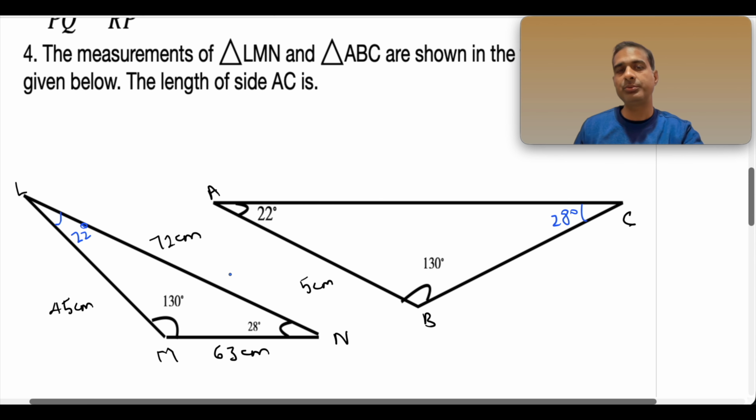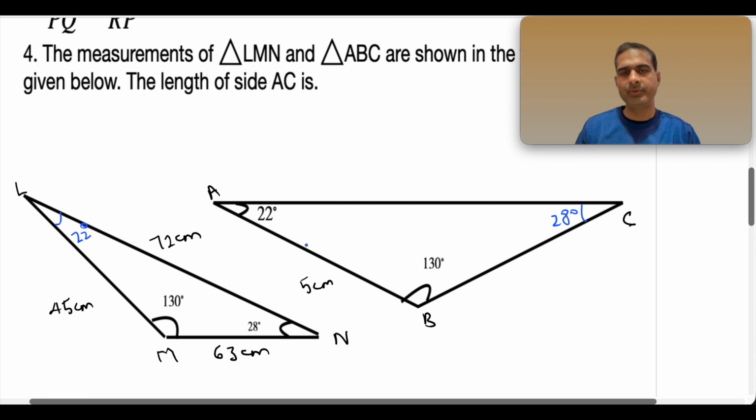But in what proportion? That we will get by finding the side opposite to 28 degrees in both. So the side opposite to 28 degrees in triangle ABC is 5, and the side opposite to 28 degrees in triangle LMN is 45. So we can see that the sides of triangle ABC are 1 by 9 times the sides of triangle LMN.